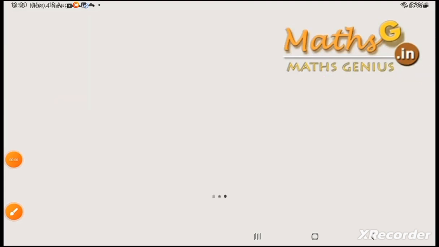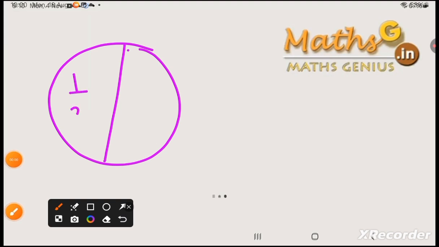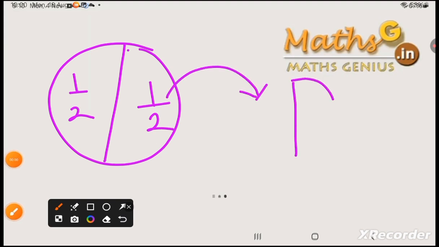So I can draw a cake and cut it into two parts. This is half of the cake, this is half of the cake. Now if I take only one part of the whole cake, let's say this, this is a fraction.